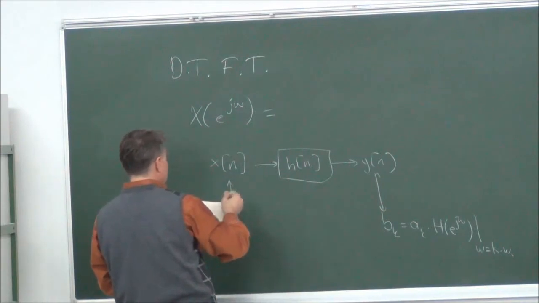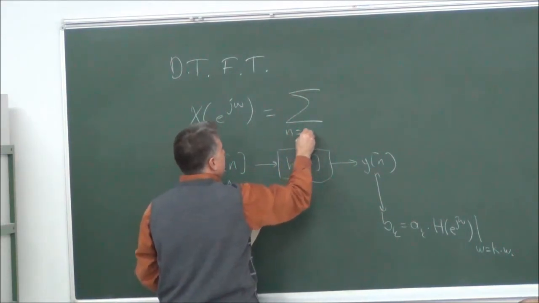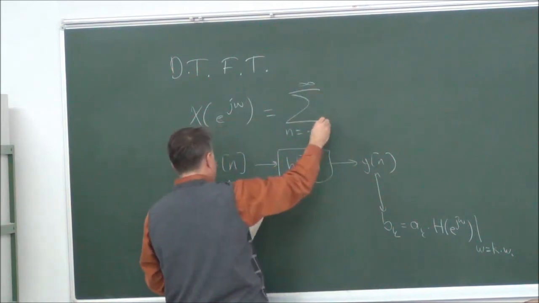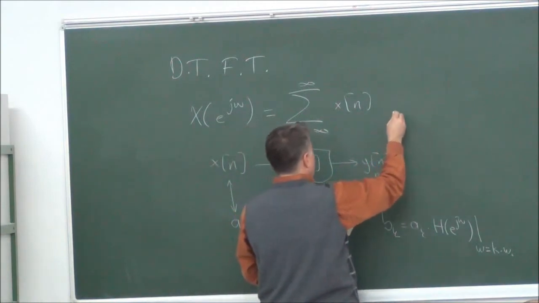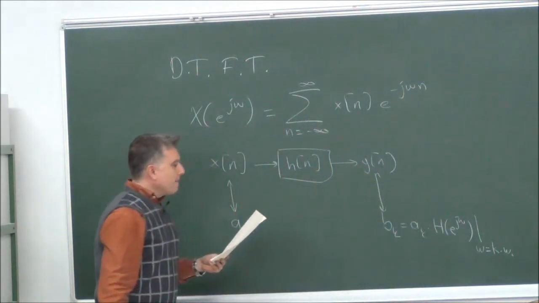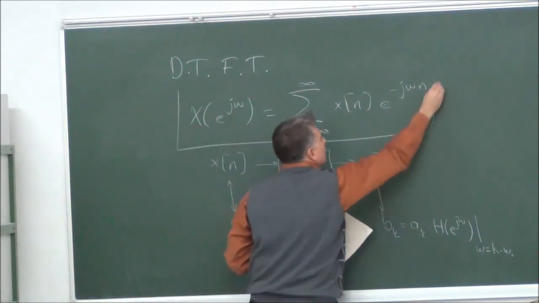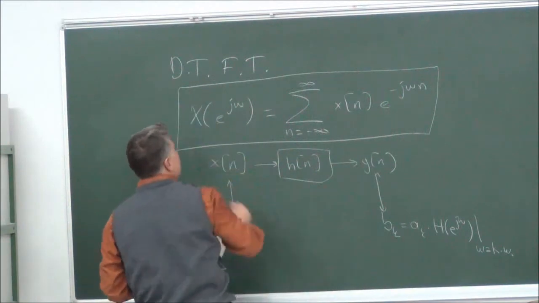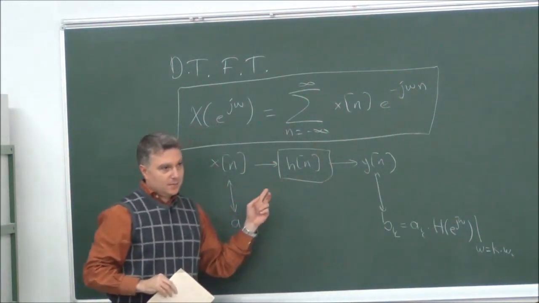X of e to the j omega is equal to summation n from minus infinity to infinity x of n e to the minus j omega n. This is the discrete time Fourier transform formula, and it is the same formula of h of e to the j omega in terms of h of n, by the way.